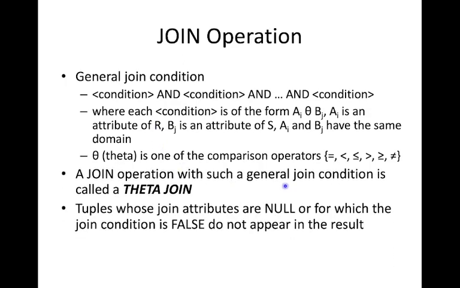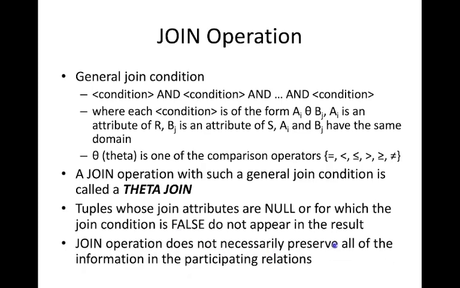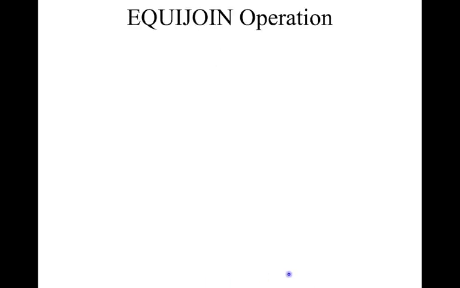In certain cases those joining attributes may not have any values, they may be null values. So when we try to join, some of the tuples will be lost, because we ignore those null values, or when the condition becomes false, those tuples will be lost. That is why we write this statement. So it may not preserve all of the information in the participating relations.